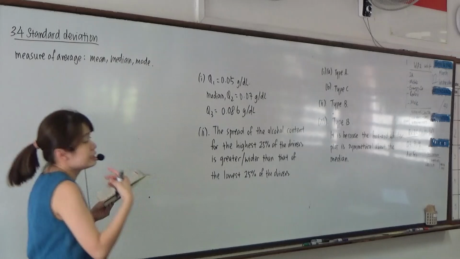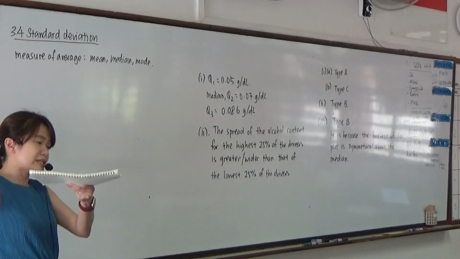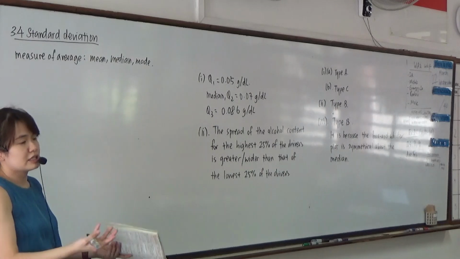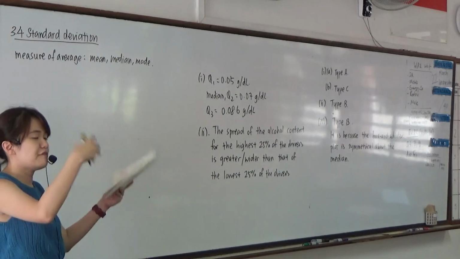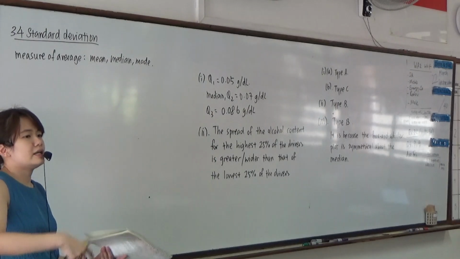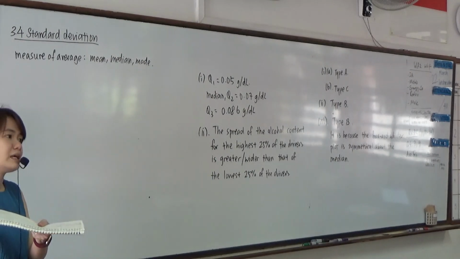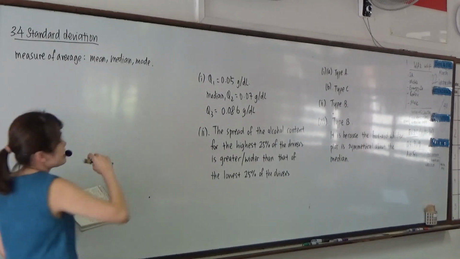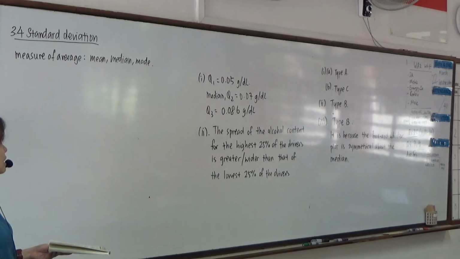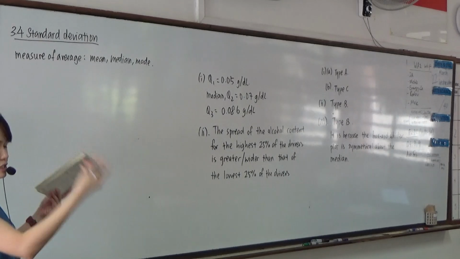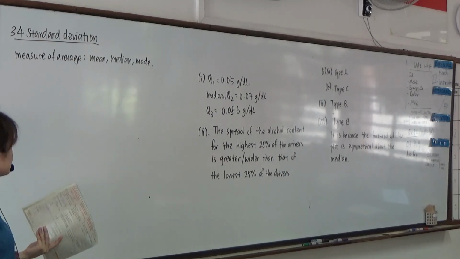Then that one person who got 0 will definitely pull the mean downwards. Alternatively, we can also see a case whereby everybody gets 50 marks and one person gets 100 marks. Then definitely the mean will also be pulled upwards slightly. So mean is very sensitive to extreme values. That's why we choose median to describe the data in the average manner.